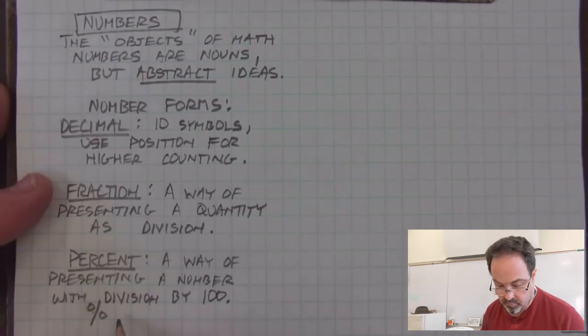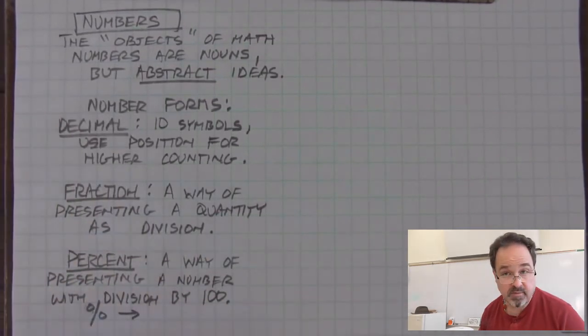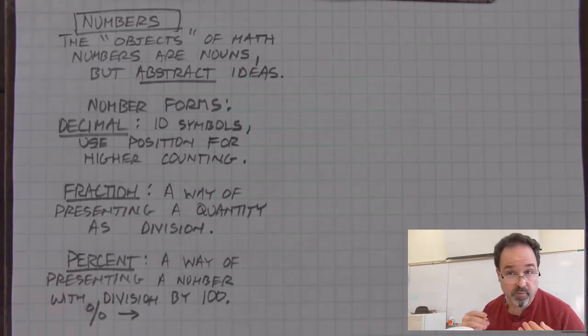The percent symbol means division by 100, and we can think of the percent symbol as a changed form of literally what it looks like to write division by 100 with a fraction bar.